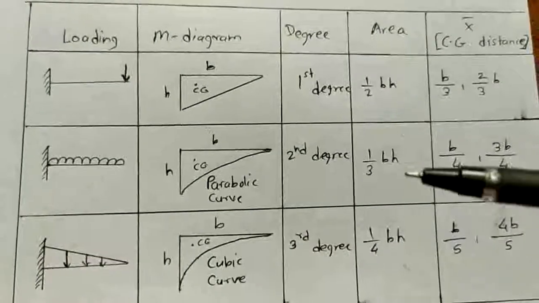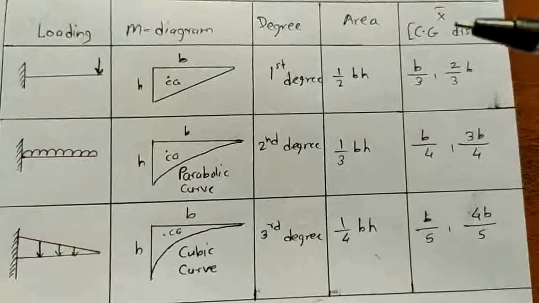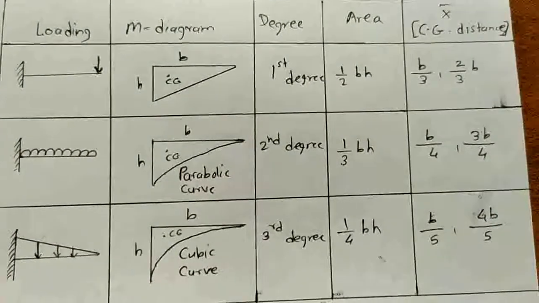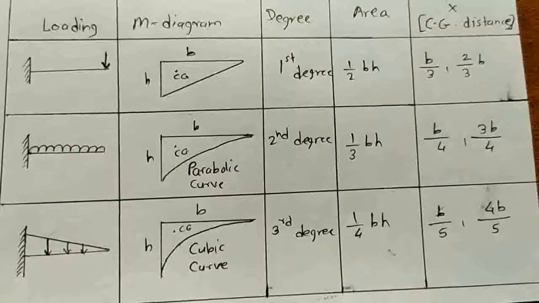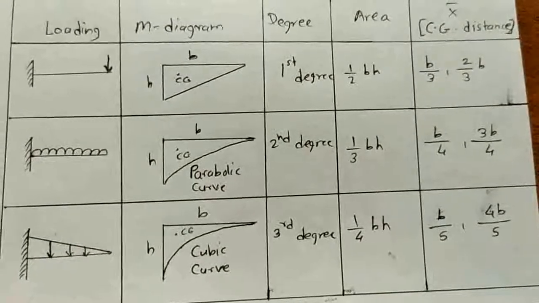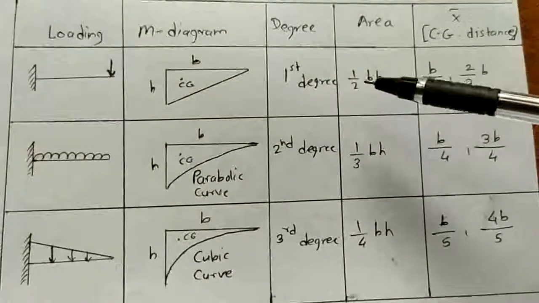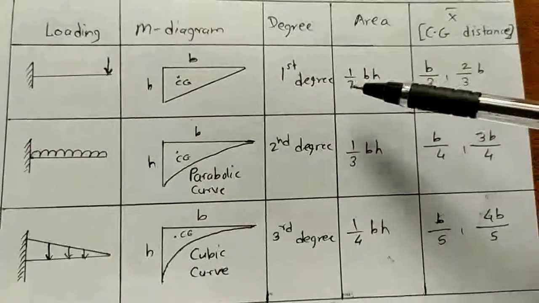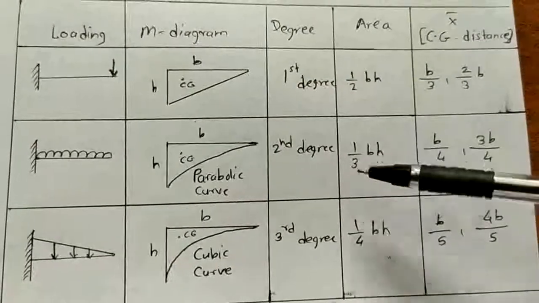This is the formula for the area. These are the central distances. You can keep this table in mind. Here there is half of base into height, so 1 by 2, the next value is 3, the next value is 4.